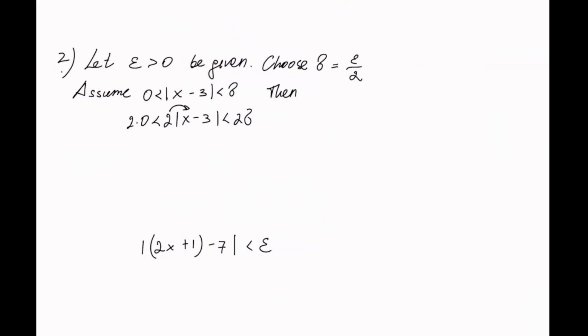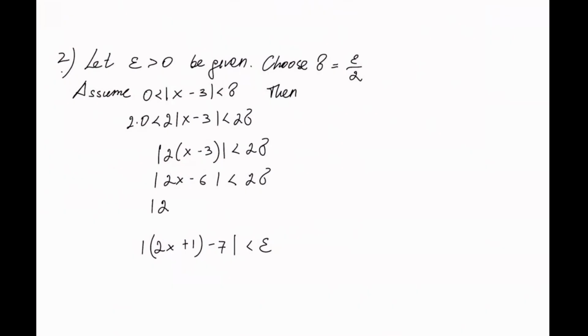And I can put this 2 under the absolute value, so I will have absolute value of 2 times x minus 3 less than 2 delta. So now I can distribute my 2 and get 2x minus 6 less than 2 delta. So now what I can do, I can represent this negative 6 as plus 1 minus 7.